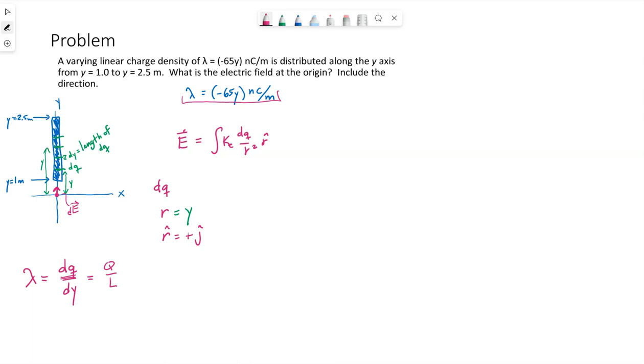So I can say here, I'm just going to use this portion because I've been given an equation for lambda. That means I want to put dq in terms of lambda. So dq is lambda dy.